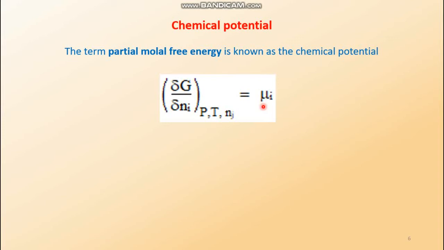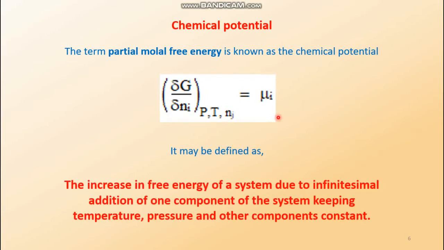If you write Gi bar, you mean the partial molar free energy, and if you symbolize it as mu I, then you mean the chemical potential, but the expression and the physical significance of both are the same.